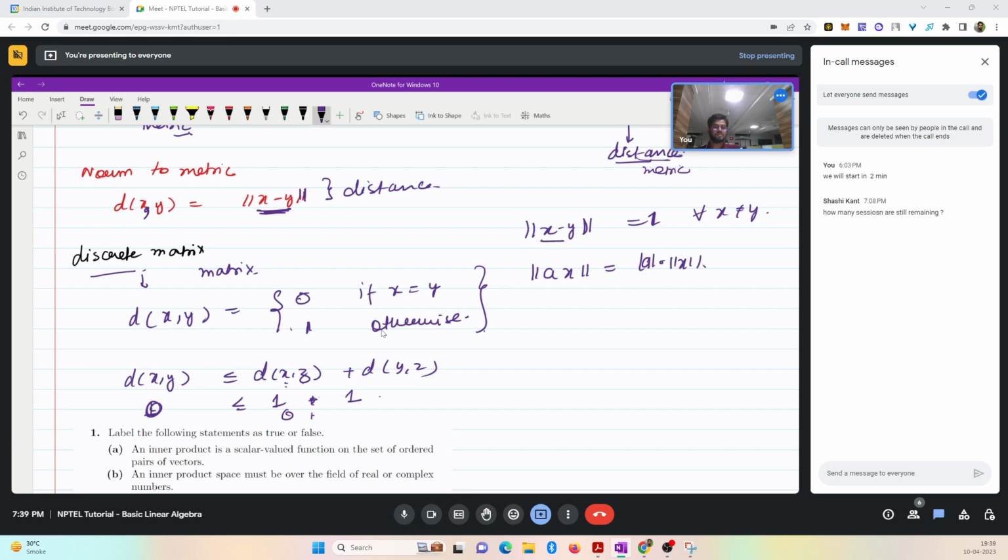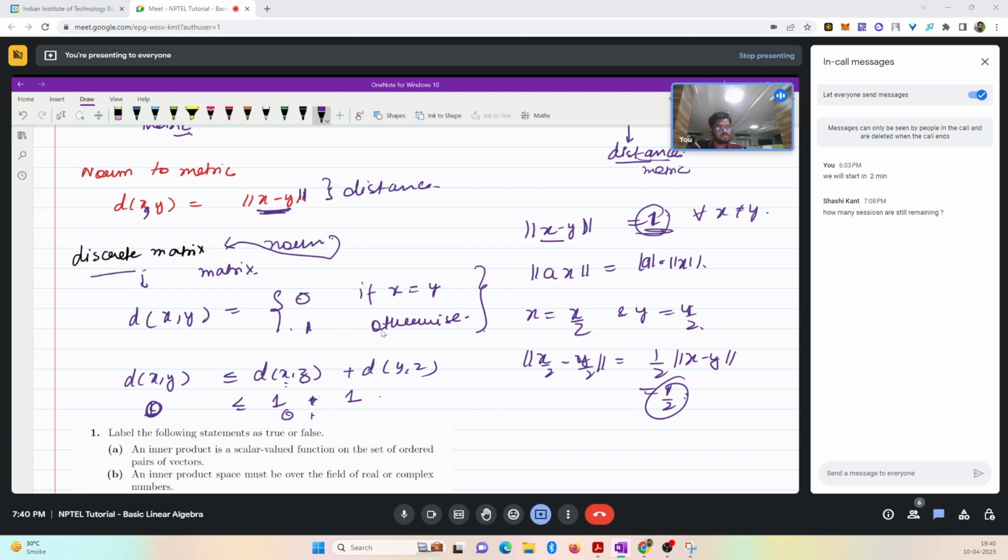Now if you take x to be x by 2 and y to be y by 2, then what is this norm? This is half the norm of x minus y, and by the property of norm this should be half. But what we said is that in any case this norm or the distance should always be 1. So there is no norm which induces this discrete metric.